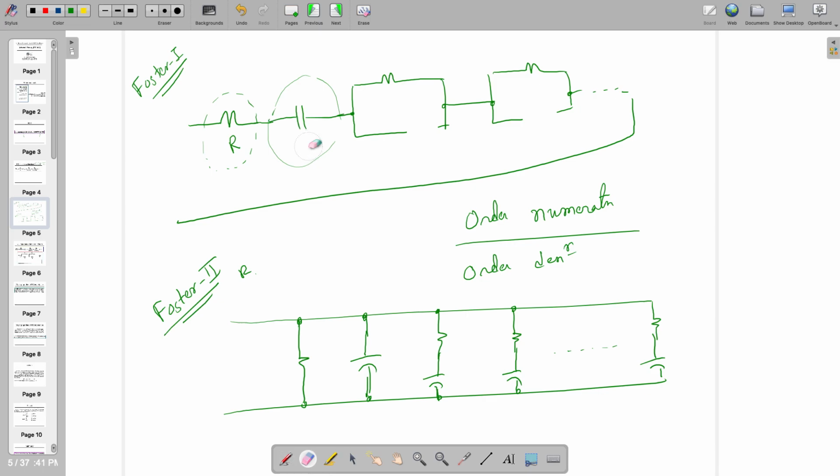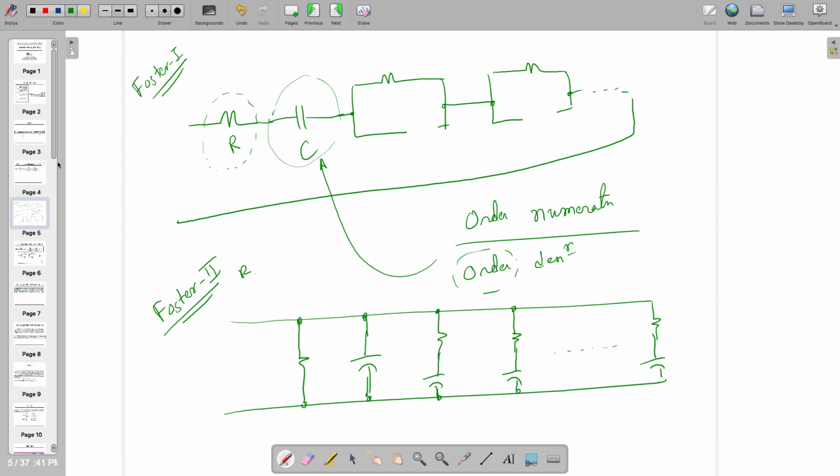So in this case, if you want to find out whether a capacitor is there or not, you need to see that the denominator order has to be one higher than the order of the numerator. Right? By looking at that, you can find out there is one extra pole available at the origin that will transform to the capacitor.